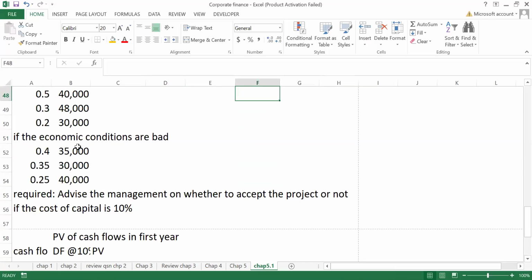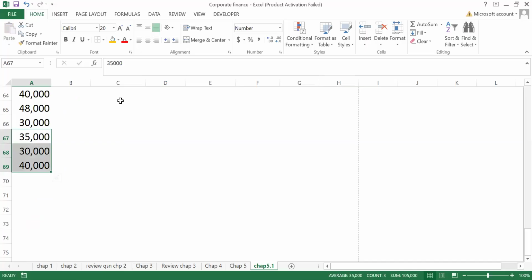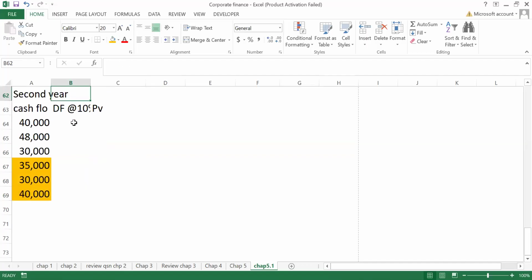I'm also copying this. Maybe I can make a color change. These are economy is bad. What's the discounting factor in the second year? It will be 1 plus 0.1 power minus 2.